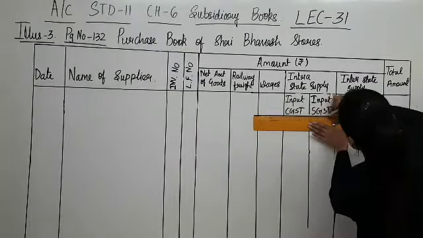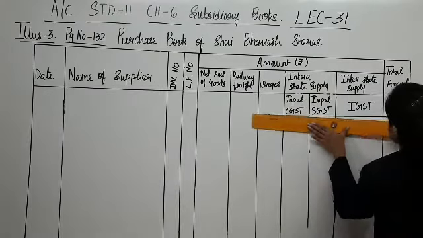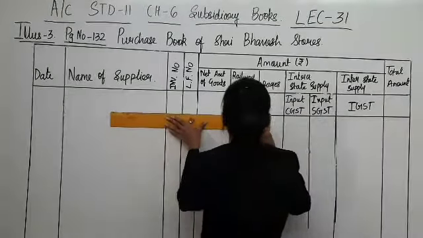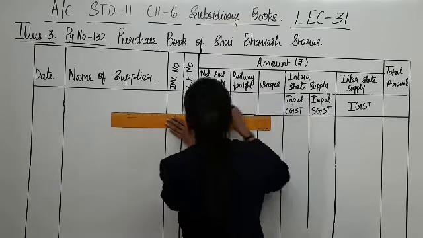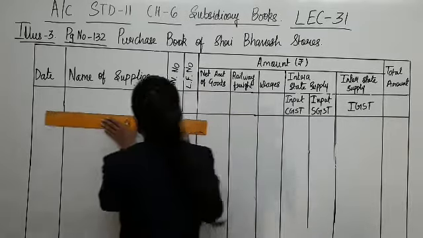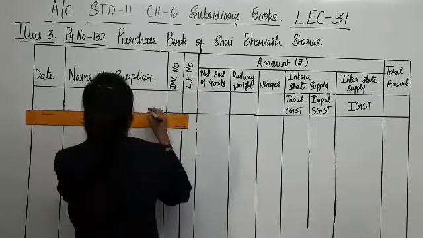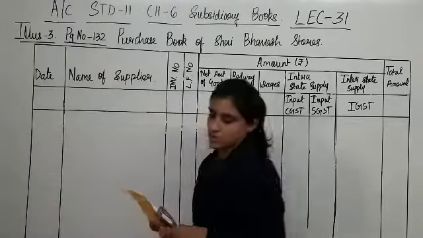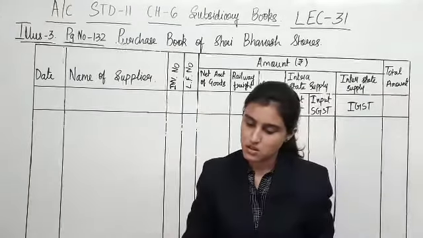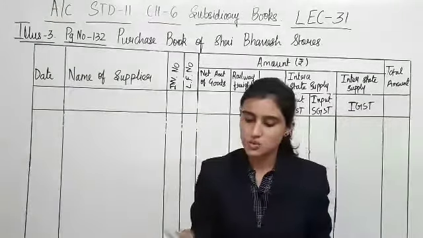Just let me make a line here. You see, the specimen is important in each and every sum that you are doing. We are almost done. So finally we can start with our sum.